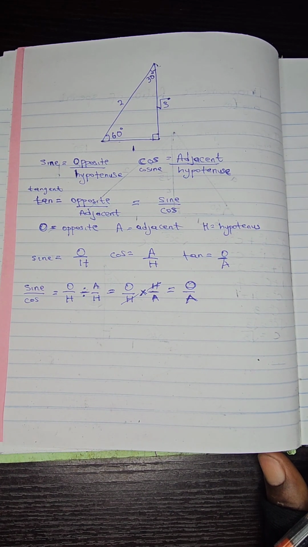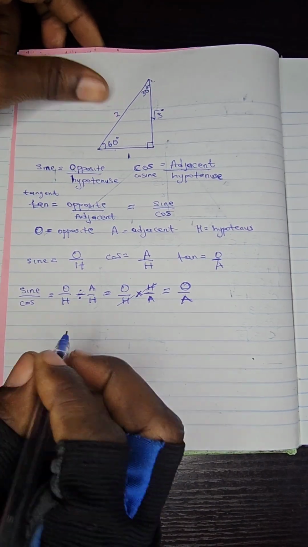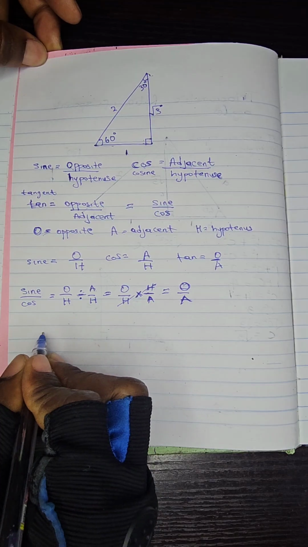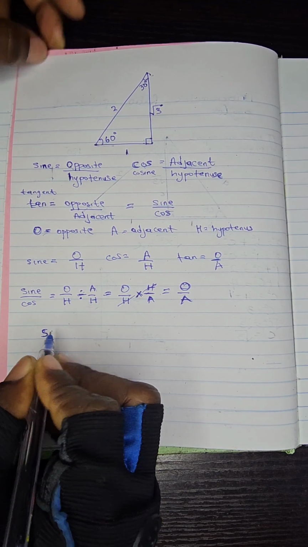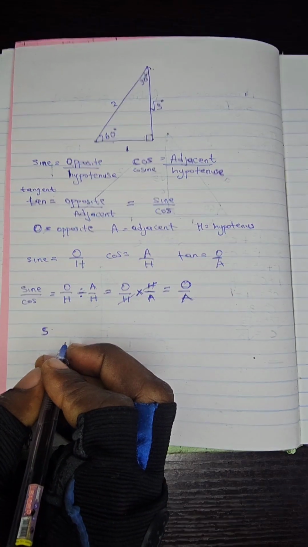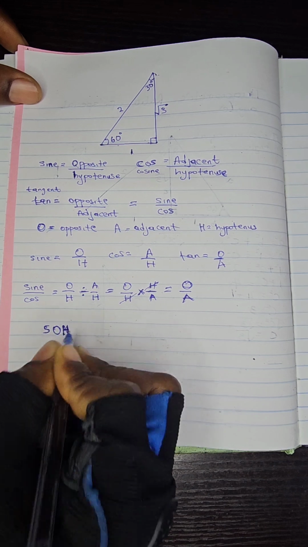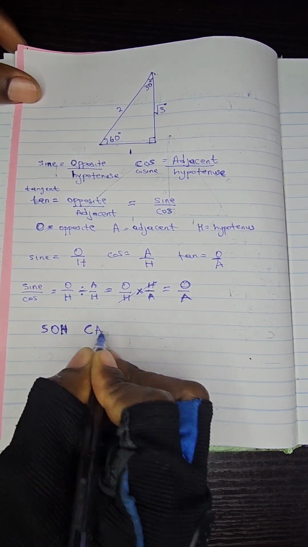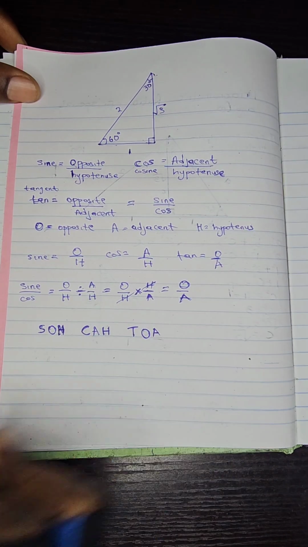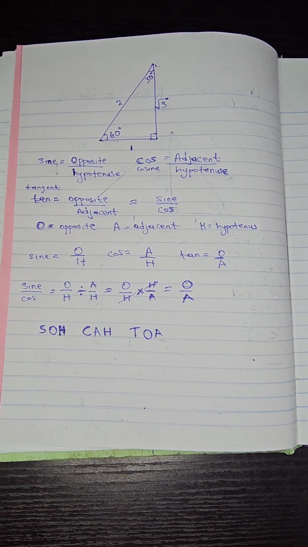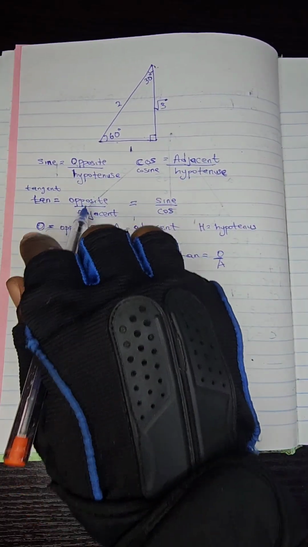Please be taking note of all this, because when we start solving, you will know why we are doing this. The shortest formula we need to remember as students, we'll call it SOH CAH TOA. This is the easiest way if you are having issues trying to remember that sine is opposite over hypotenuse, cos is adjacent over hypotenuse, and tan is opposite over adjacent.